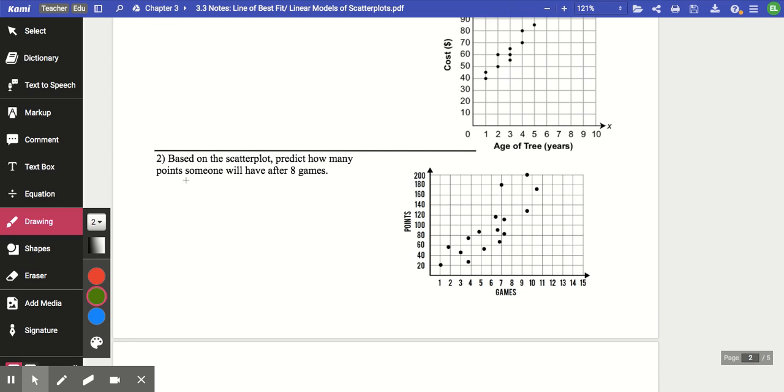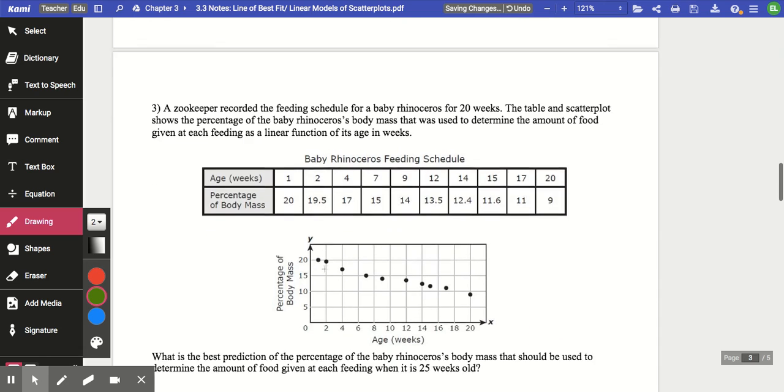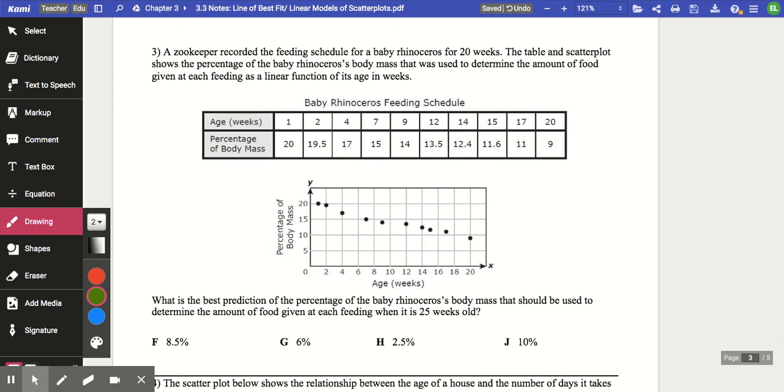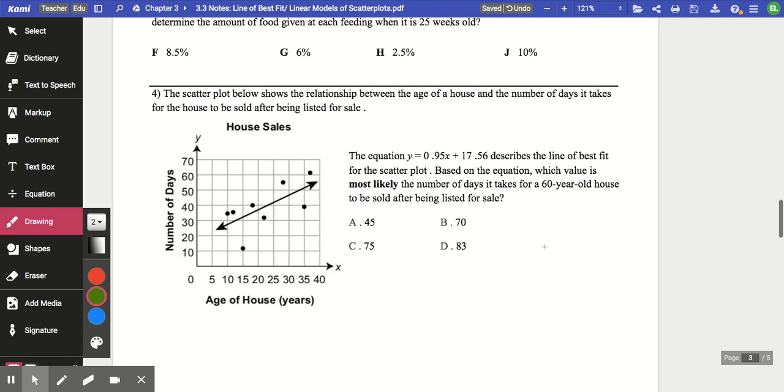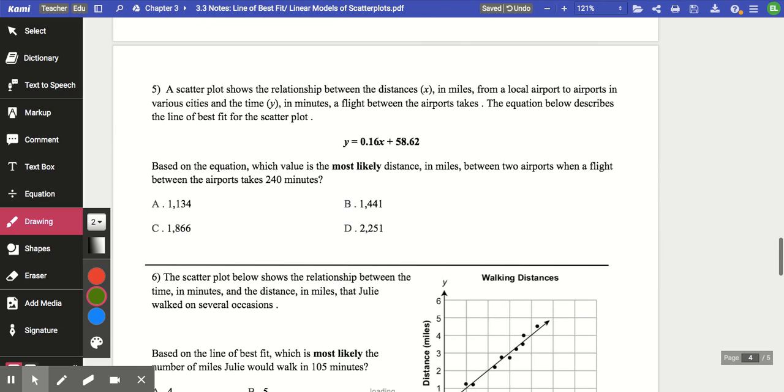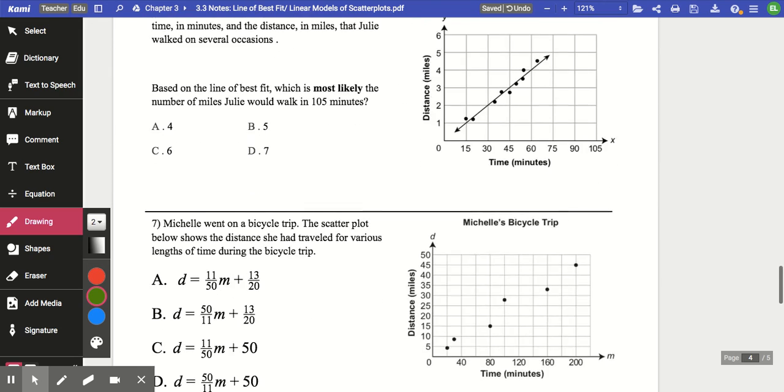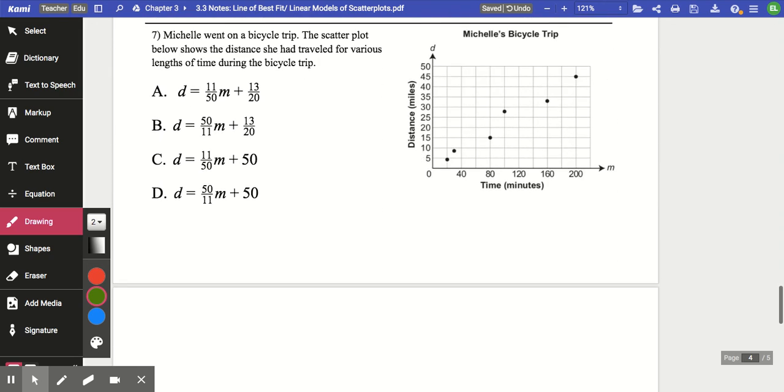For question number 2, you can draw your line of best fit and then just use that line on the graph to predict the points someone will have after 8 games. For the rest of the questions, they are all multiple choice. So use your best judgment on these. These questions do slightly resemble keystone questions, so it's important that you take your time and really think about them.